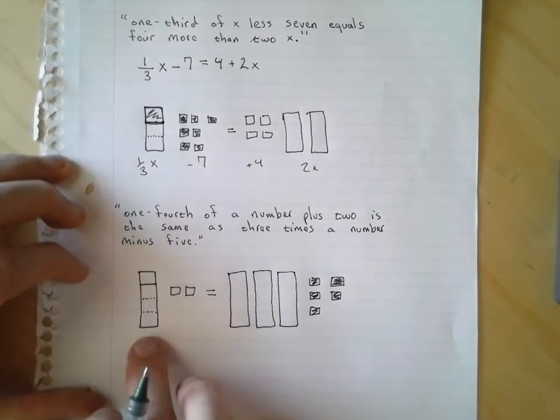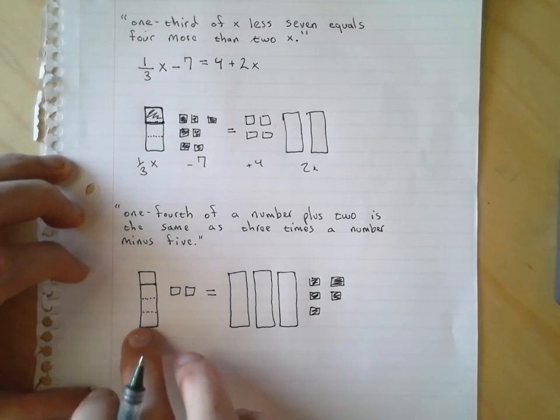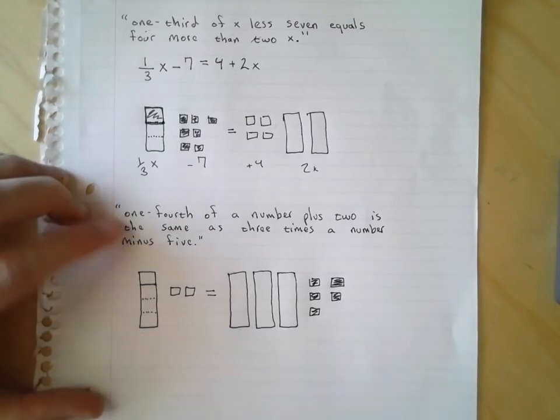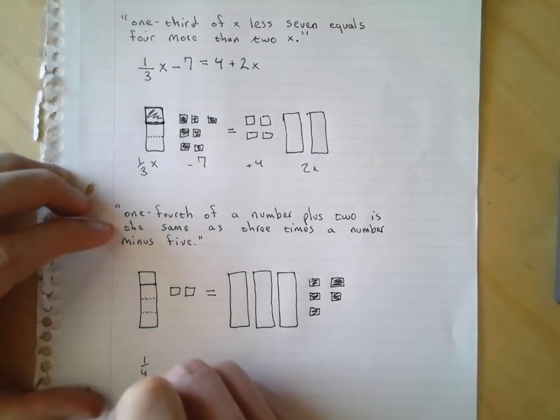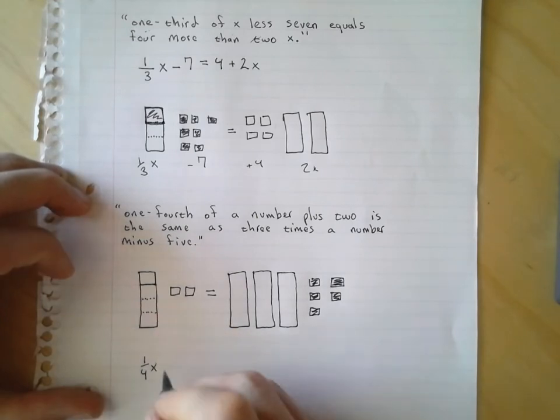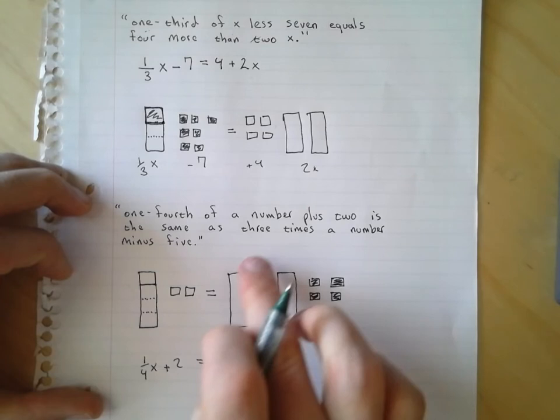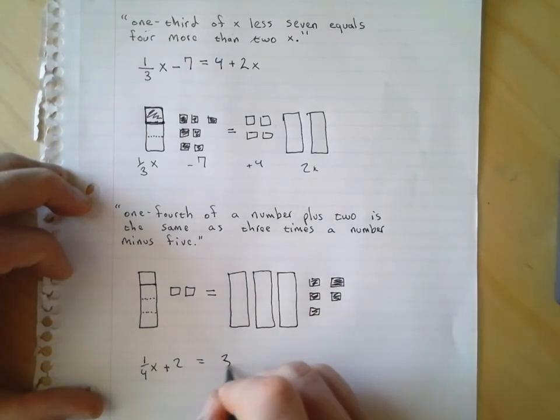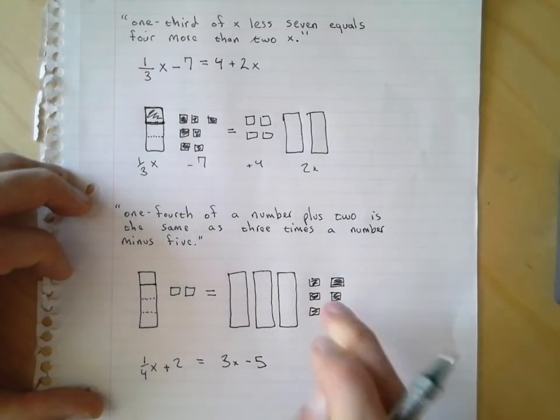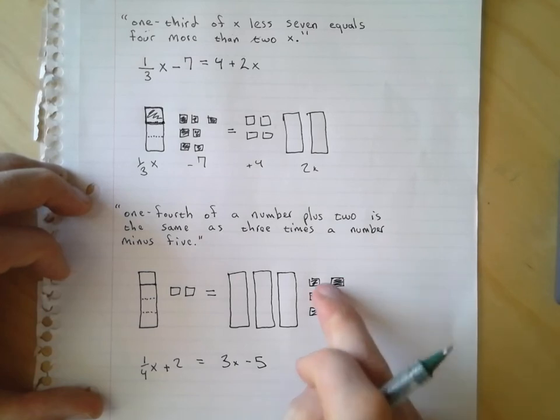Here we have 1/4 of an entire x. So we have 1/4 x plus 2 is equal to 1, 2, 3x, 3 times a number, minus 5. 1, 2, 3, 4, 5.